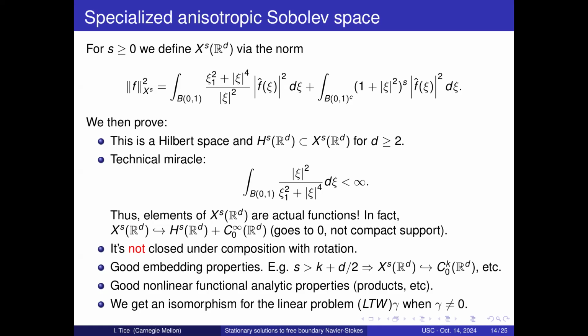That is not a trivial fact and requires some really nasty Littlewood-Paley theory. Etc. But the point is that once you recognize that this space is there and needs to be worked with, it allows us to identify an isomorphism for the linearized problem that I showed before. And once we have the isomorphism in hand, we do some nonlinear work, and then we can invoke the implicit function theorem and get our solutions.